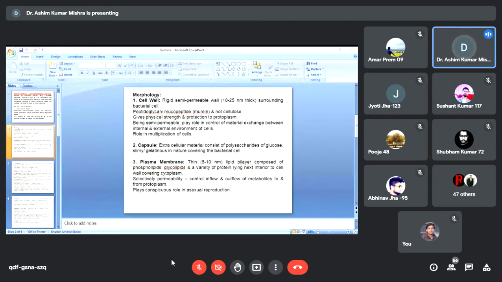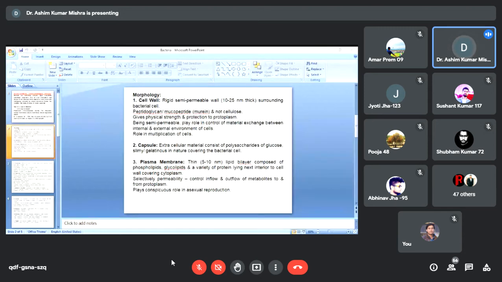It contains most of the enzymes of the cell. In an objective type question, it may be asked which organelle contains most of the enzymes of the cell, so your answer will be cytoplasm. It receives nutrients from the culture medium and is involved in the metabolism and growth of the organism.